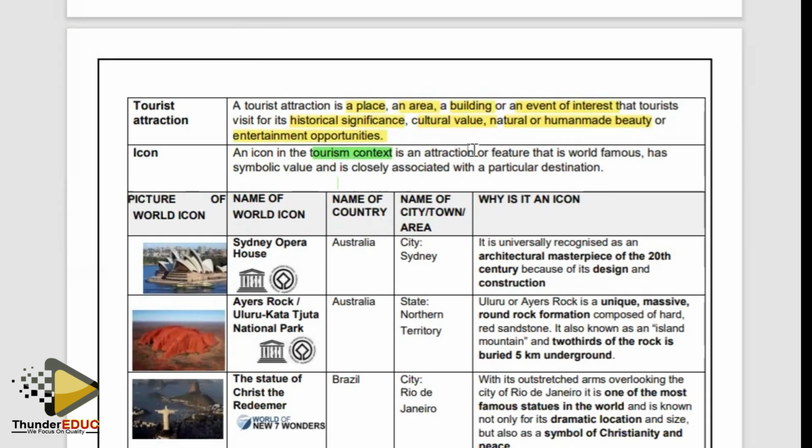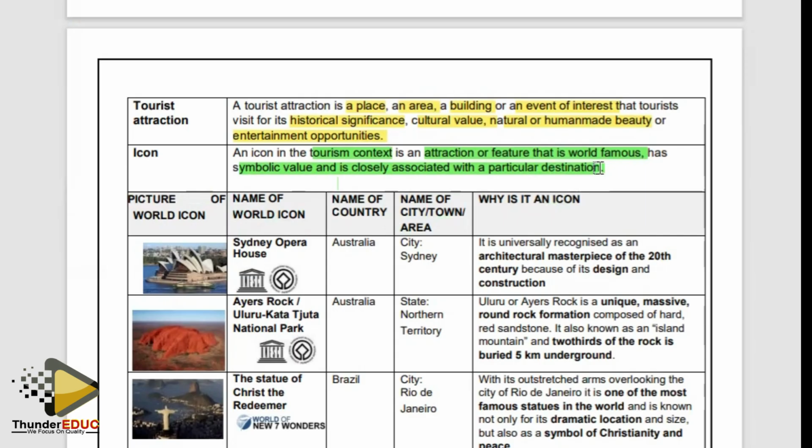An icon in the tourism context is an attraction that is world famous, or known globally, and it has symbolic value and is closely associated with a particular destination.